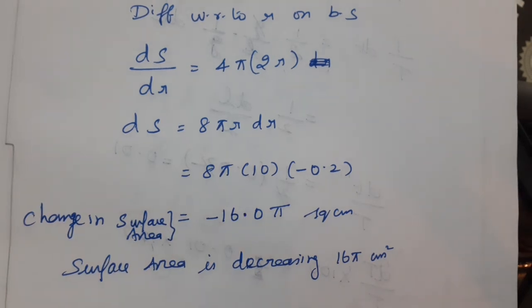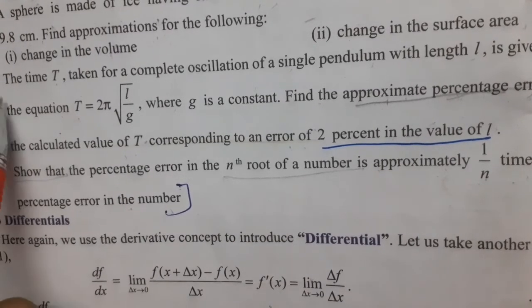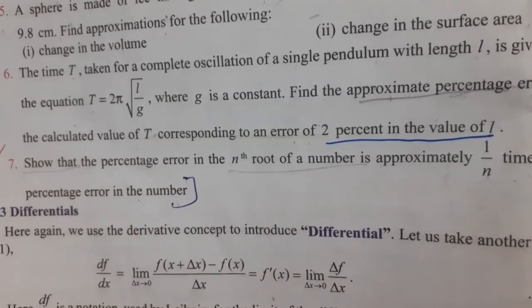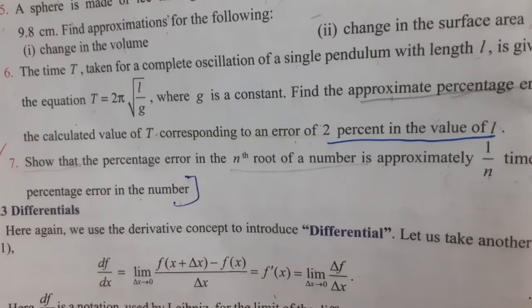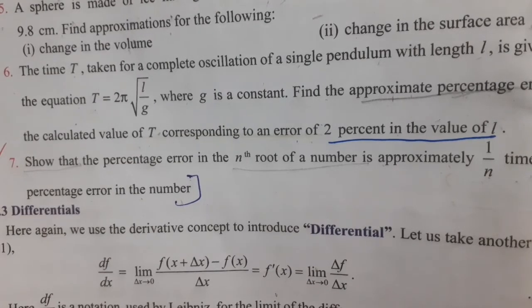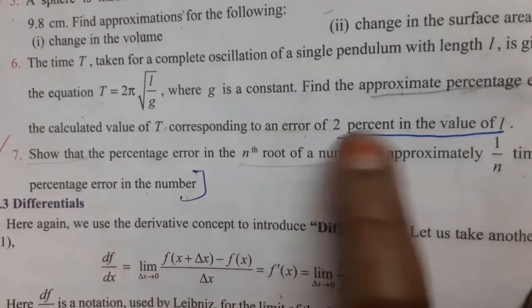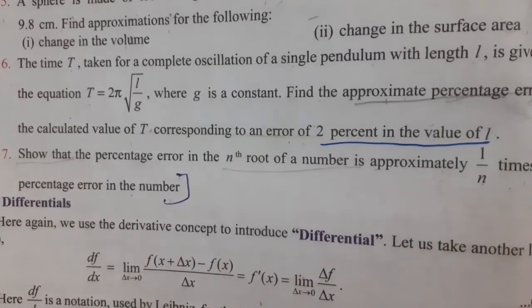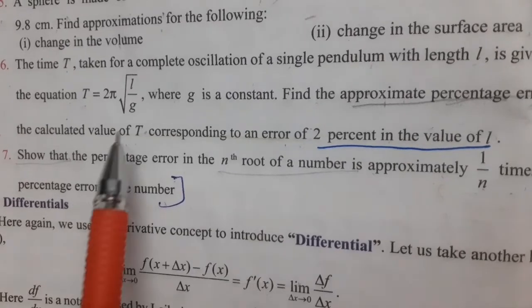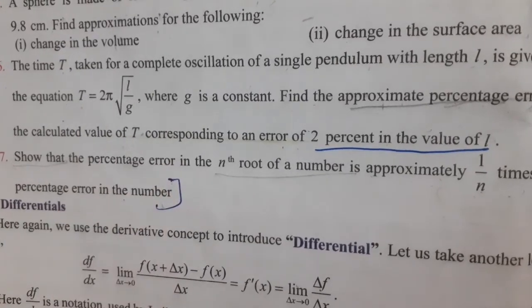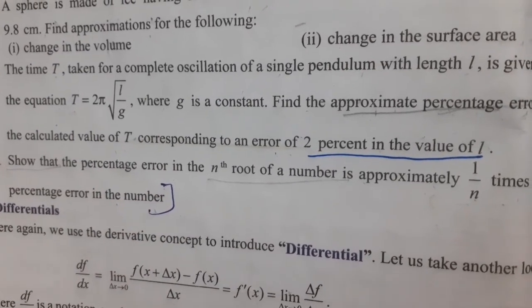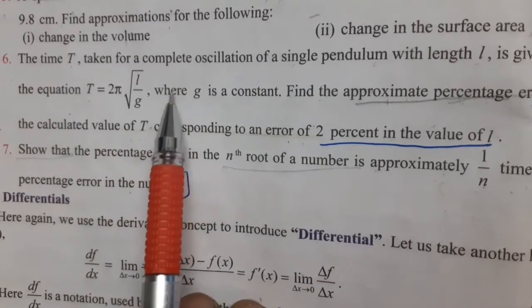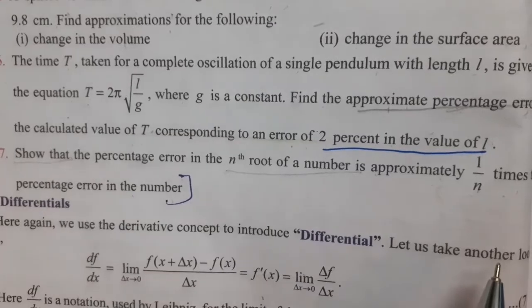So, 8th chapter. Now see question number 6. The time t taken for a complete oscillation of a simple pendulum with length L is given by the equation t equals 2 pi root of L by g, where g is a constant, that is gravity.